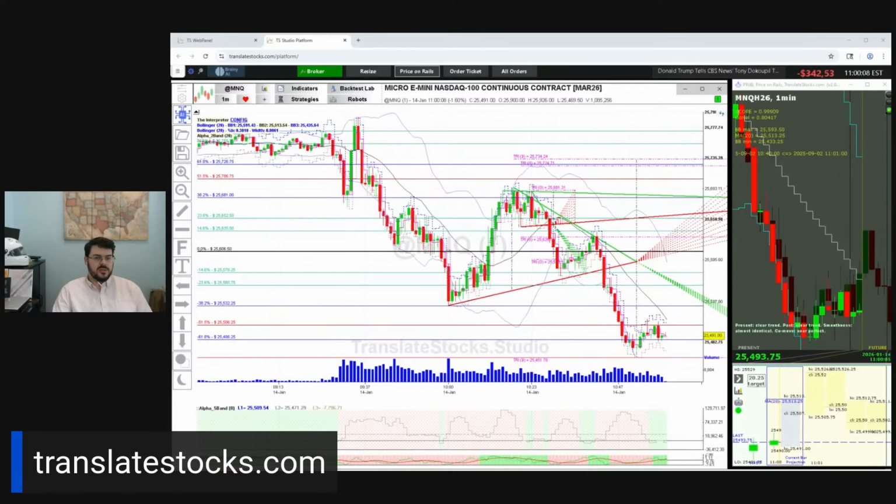Take a look at this. This guy can stress the market. We have the green line here and the upper Bollinger Band, 25,524, with a 5 points target.